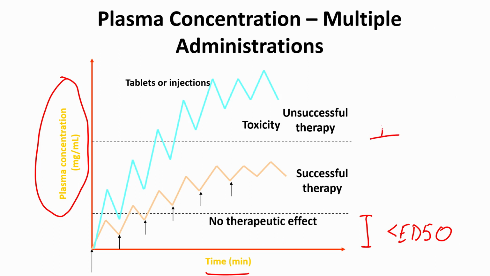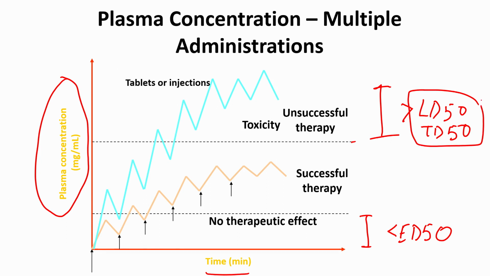Anything above this, we are essentially talking about being greater than LD50 or TD50. That means that if I give a drug at a higher concentration than the concentration at LD50 or TD50, then there will be lots of toxic effects, and that is of course a complete no in clinics. So, I always want to be in this regime, but it is very difficult to be in this regime.